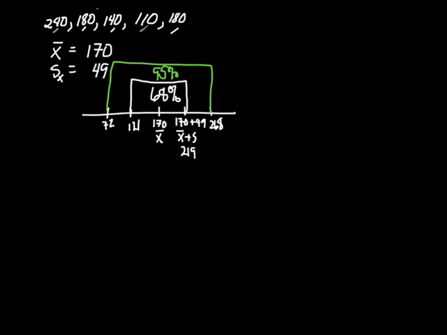So for instance, our data is spread out from 110 to 240, that's the range. The mean is 170, kind of right in the middle of that.